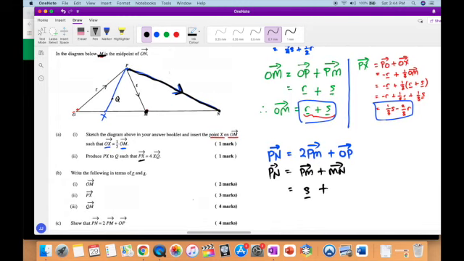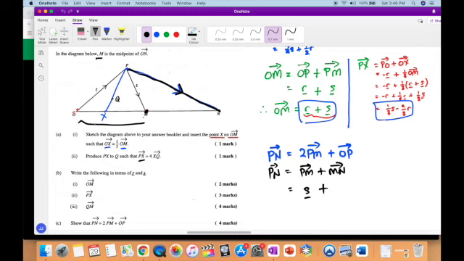So what does that mean? You know that M is the midpoint of ON, and you know OM. So it's so easy. Stop thinking so hard. Shazay, stop thinking so hard.